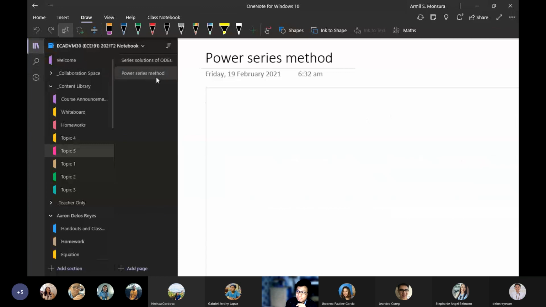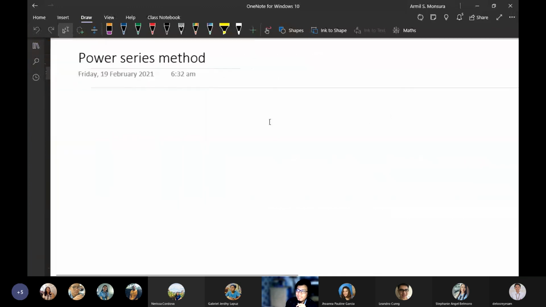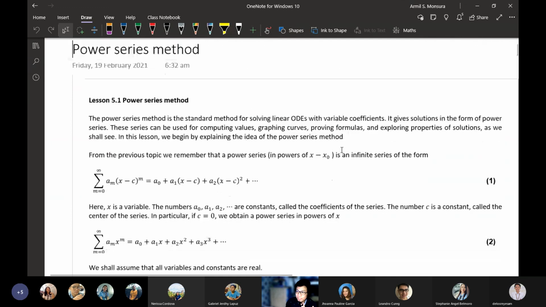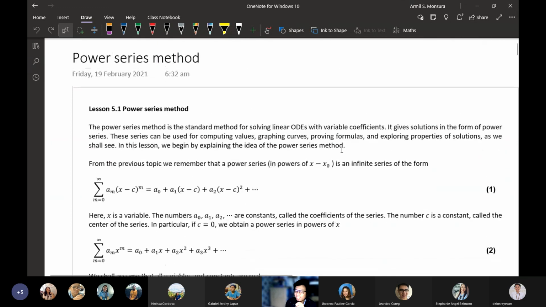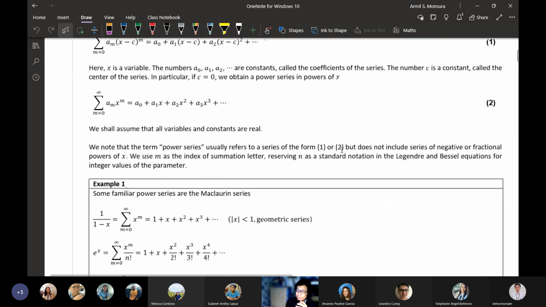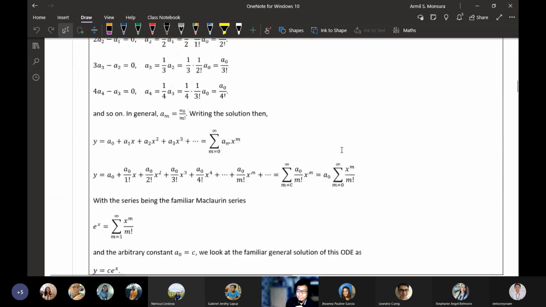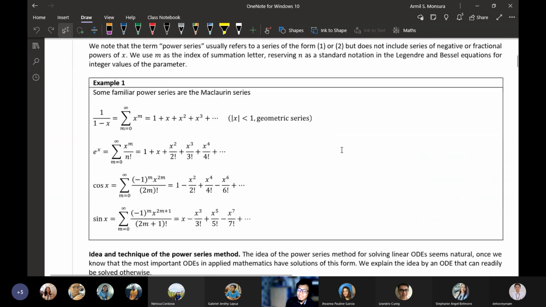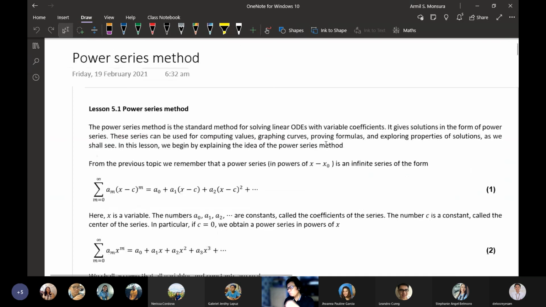So, ayun. Naisip ko nga, I can actually discuss the entire topic 5 using one topic lang, one lesson lang. So, ito na yung discussion natin sa topic 5, which means after this, we'll proceed with topic 6 already, which will be under quiz number 3.